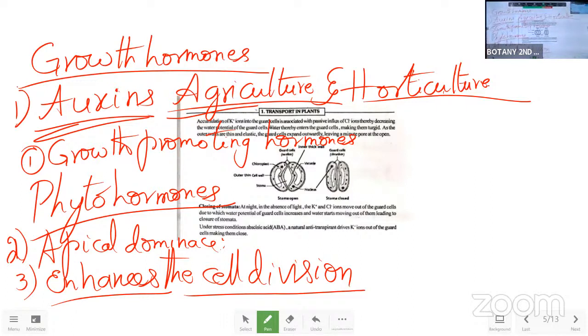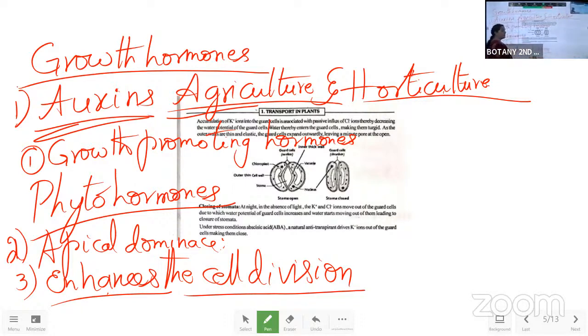If you write the word enhances, then your standards will be maintained in answering this type of questions, where in theoretical questions the prominent words need to be used, where the word is enhances. That means drastic increase, enormous increase. That is enhances the cell division.